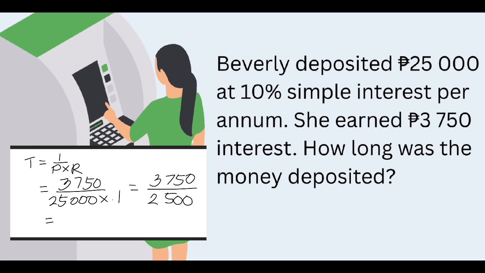So 3,750 divided by 2,500 is 1.5. So we will just multiply it to the number of months in a year, which is 12. So 1.5 times 12 is 18 months.